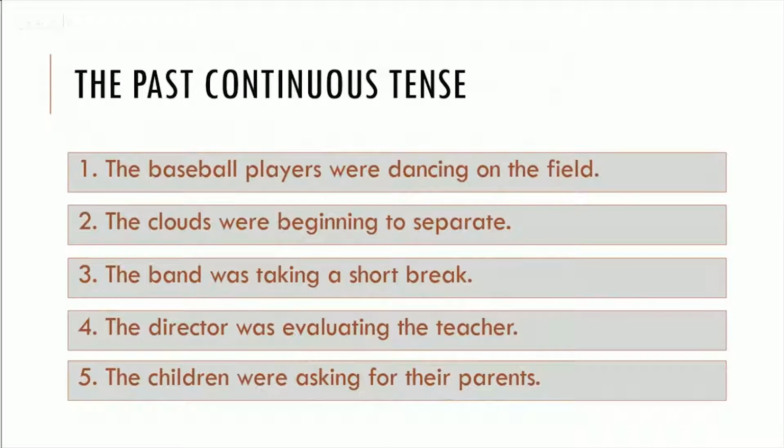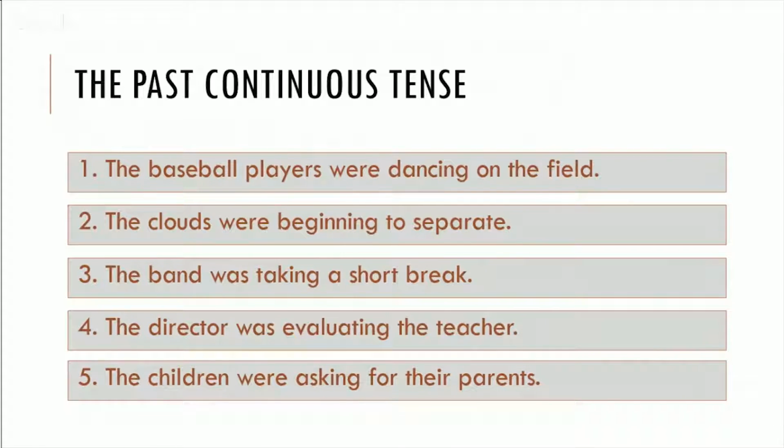You guys know it already because we did past in the present tense. So it's exactly the same thing when you do the past continuous tense. But these are new sentences though. So look at the sentences and make sure that you know the vocabulary and that you understand them, that you don't have any specific questions.